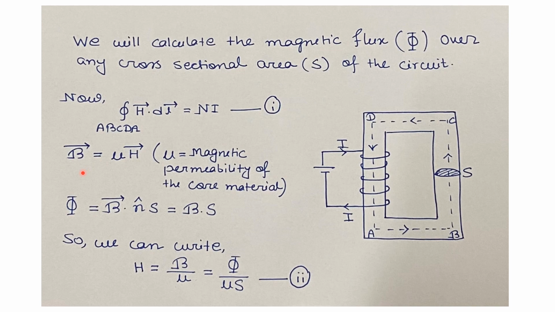Now we know our B vector is mu times H vector, where mu is the magnetic permeability of the core material. Flux is defined as B times the cross section, that is B into S. We can write our H vector as B by mu. Now B is phi by S, so our H vector is phi by mu S.